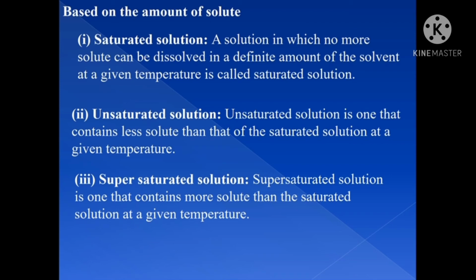That means a solution in which no more solute can be dissolved in a definite amount of solvent at a given temperature. For example, at room temperature, you take 100 gram of water in a beaker. If you add 36 gram of sodium chloride to it, that solution is called a saturated solution.